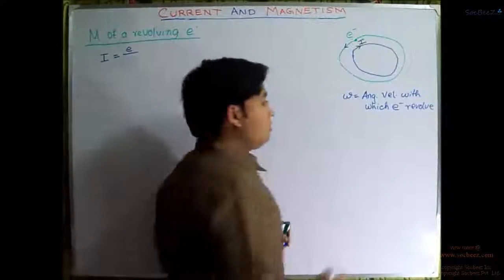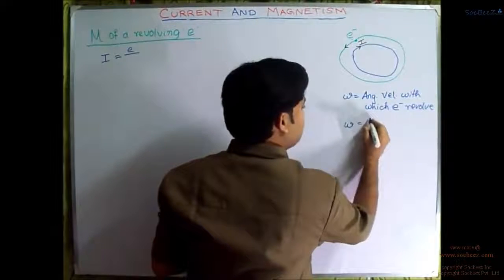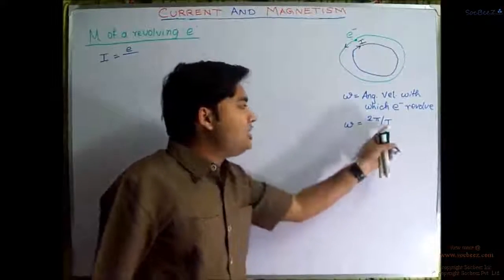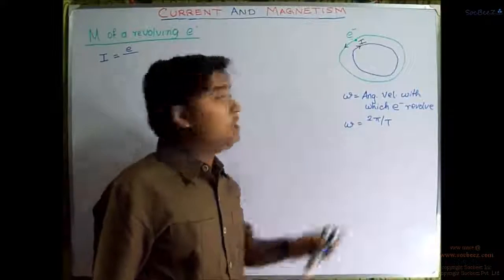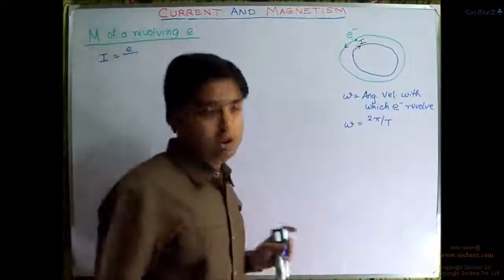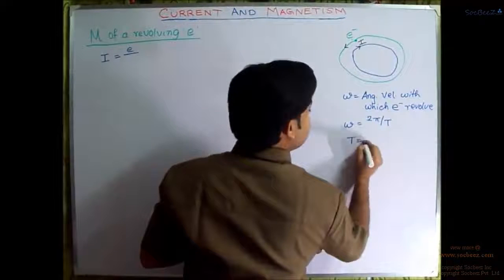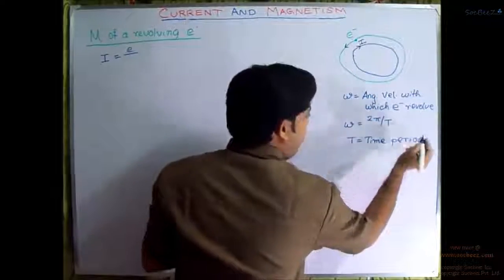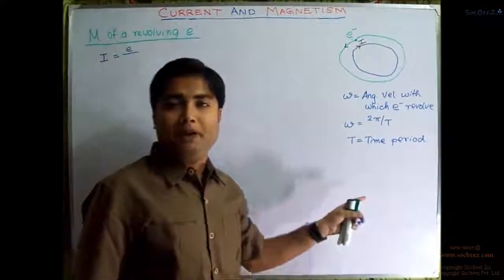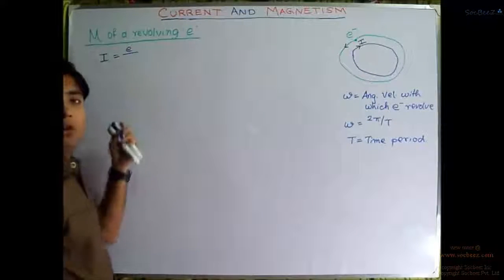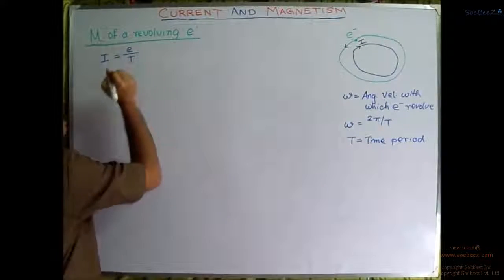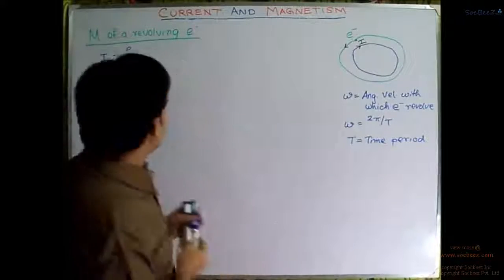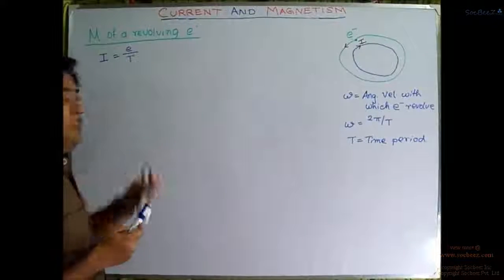Then we know that omega is equal to 2 pi divided by T, where T is actually the time period to complete one revolution. And obviously this T, or the time period, shall be in the denominator to find out the amount of current that is associated. So we can see that I is equal to E divided by T.